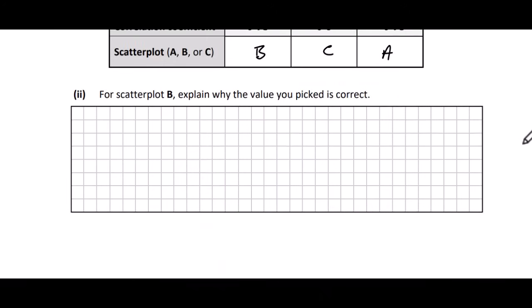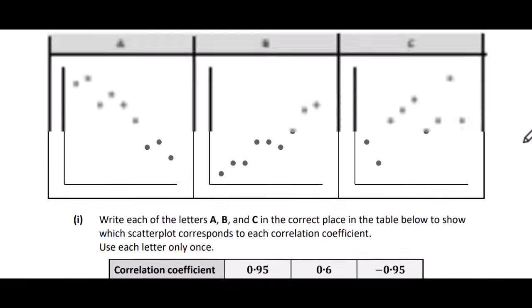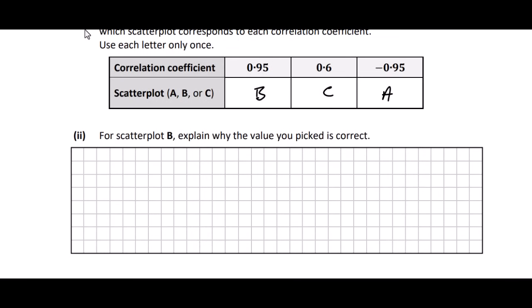Now it says here, for scatterplot B, explain why the value you picked is correct. Okay, so we can say that B and C have positive slopes and A has a negative slope.